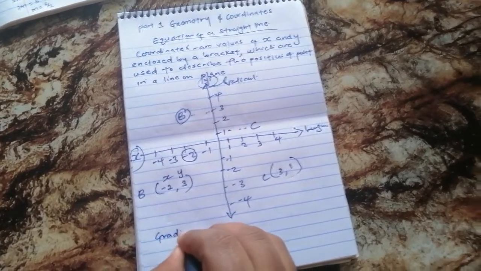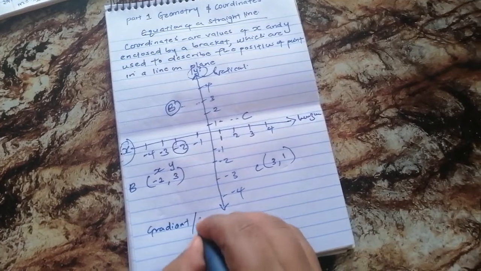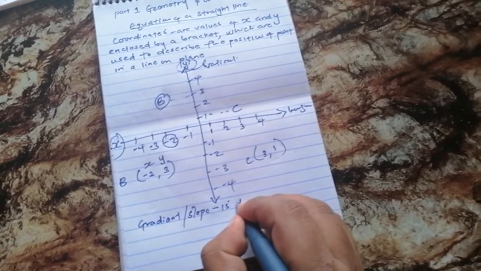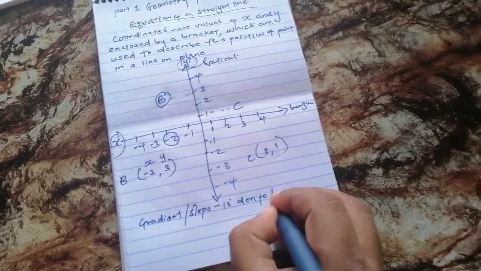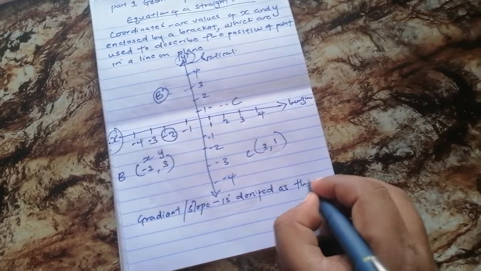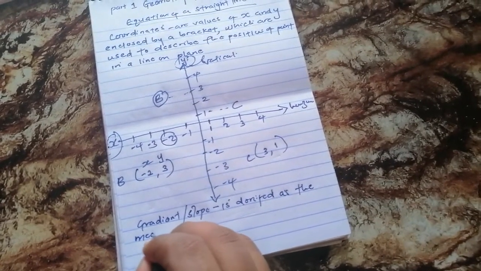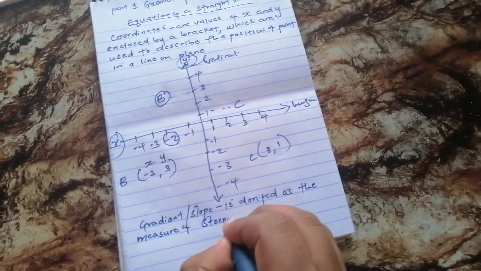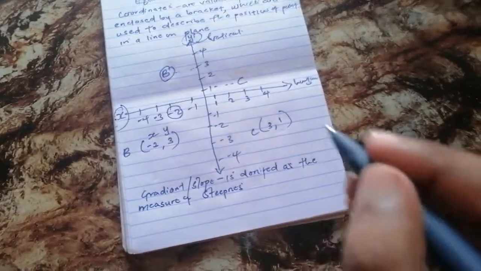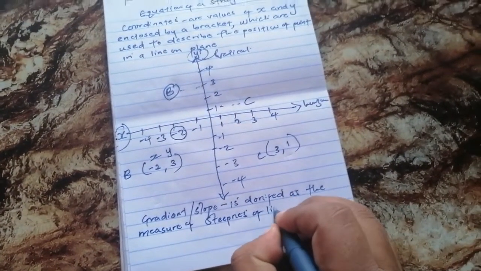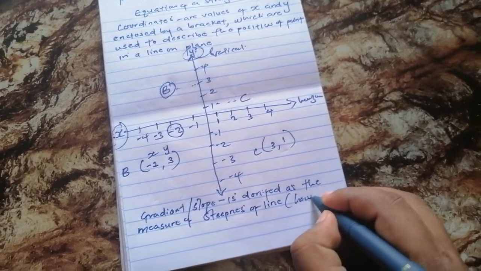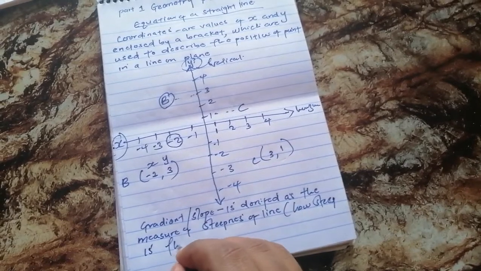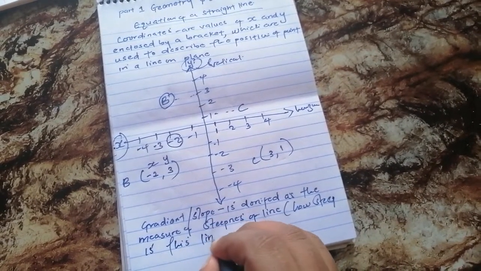Gradient, also known as slope, is defined as the measure of steepness of a line, how steep the line is.